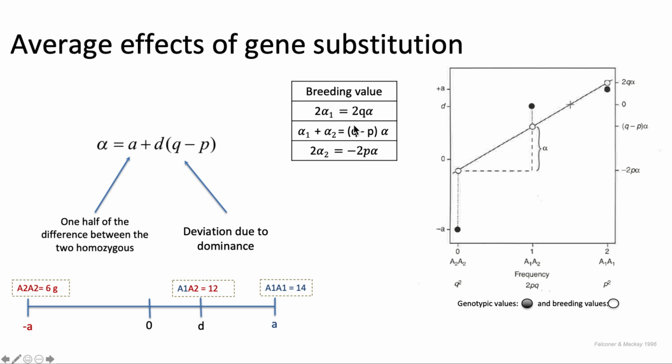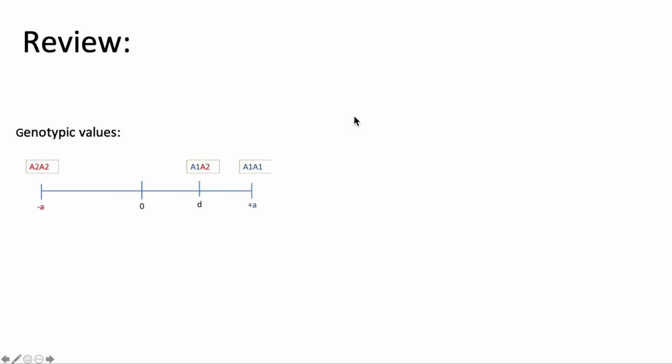If we are talking about breeding value, that is basically how good one genotype is to produce offspring. That genotype is just going to transmit one allele to the progeny, and the population is going to have two alleles. So that is why we have to take into account the two alleles here.